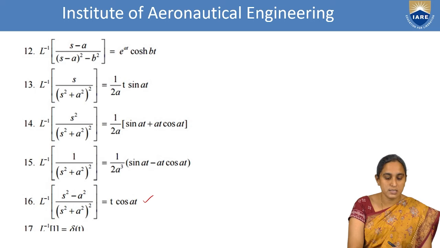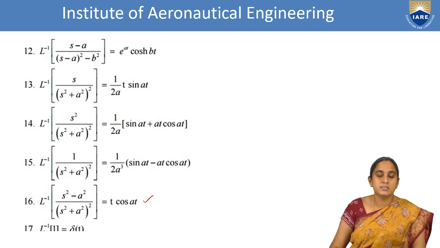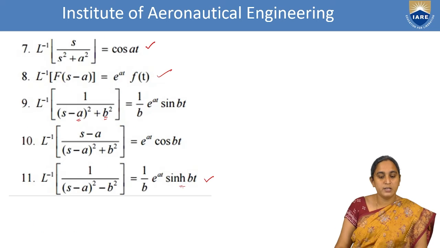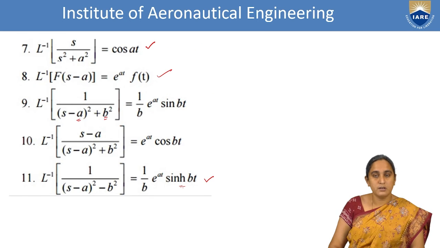And the last formula here, Laplace inverse of 1 is equal to delta t. These are very important. If you know the formulas only, you can easily get the answers for the inverse Laplace transform problems. Now I'll explain the related problems.